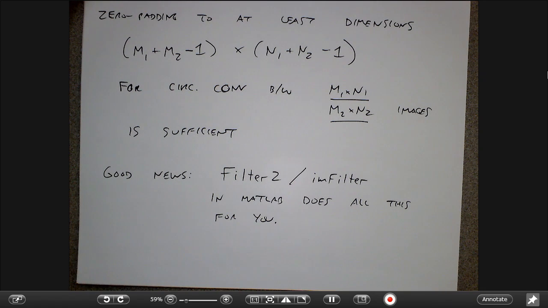It would be a bigger issue if I was, for some reason, convolving two large images together, and I'm not sure why I would want to do that. We'll talk a little bit about one reason why you might want to do that after the exam. For example, correlation, running a template across an image to find an object, may work for some applications. And if that object mask is big enough, you may need to keep that in mind when you're doing your filtering.